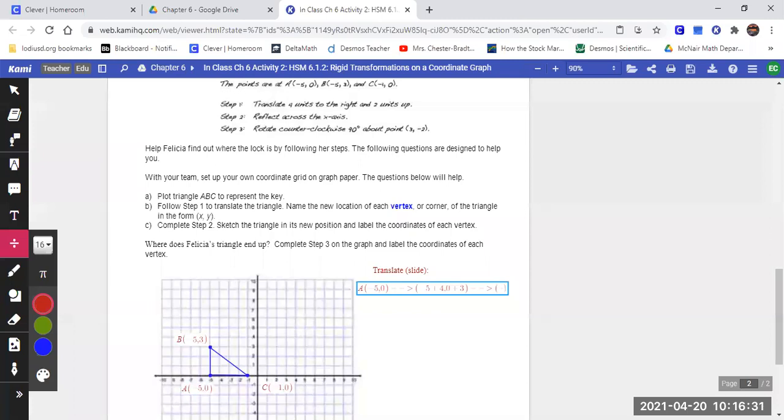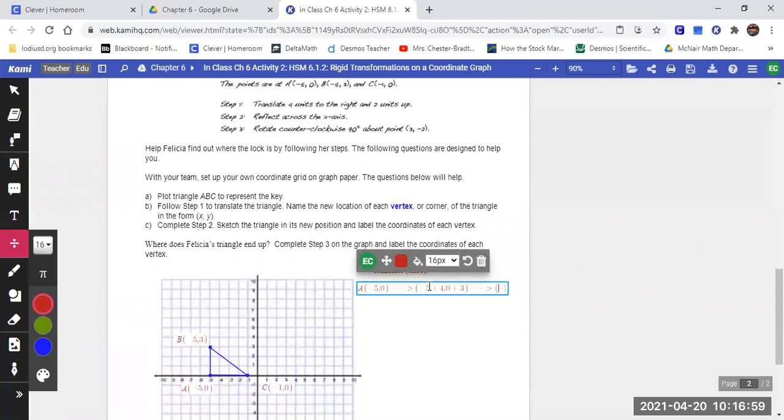Are those the same sign? So if I go -5 plus 4, what am I going to get? Because we're going to get the locations and then we're going to plot the locations. But if we don't spend the time to get the locations, it's really hard to do. So -5 plus 4, what do we get? What would our new coordinate be?